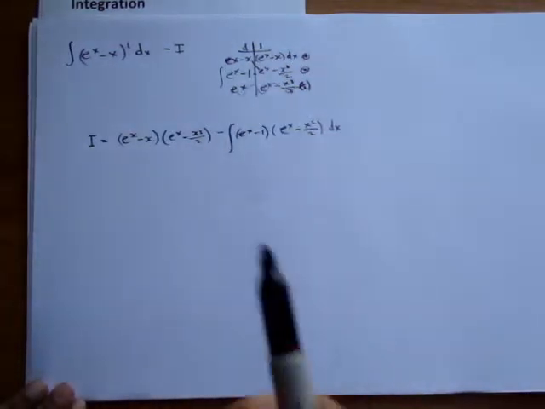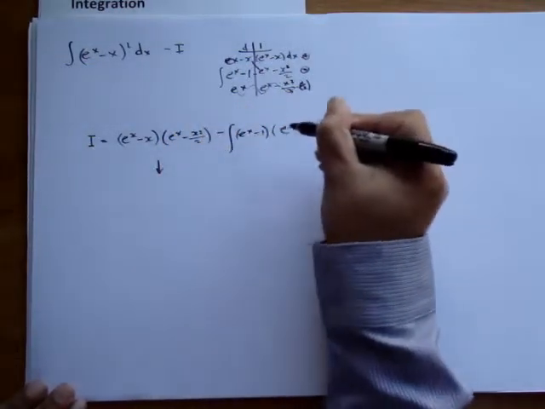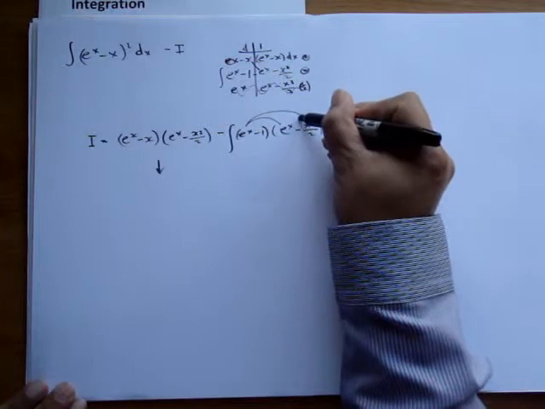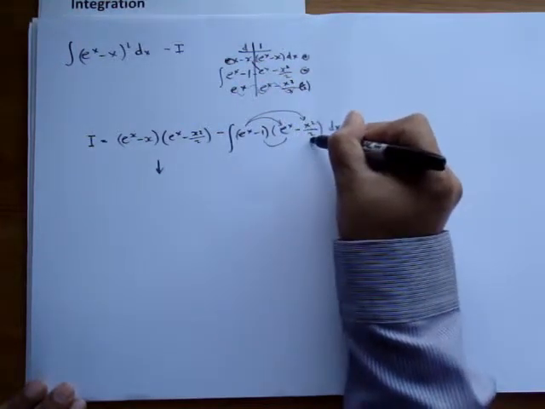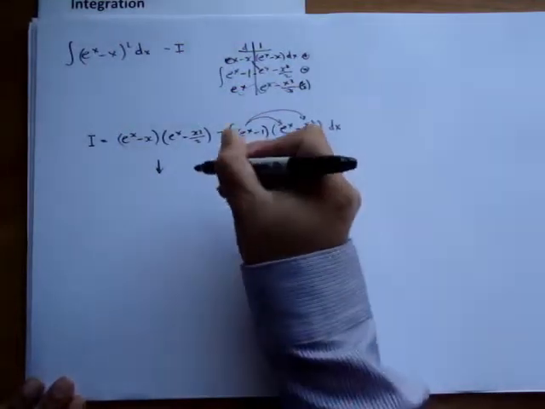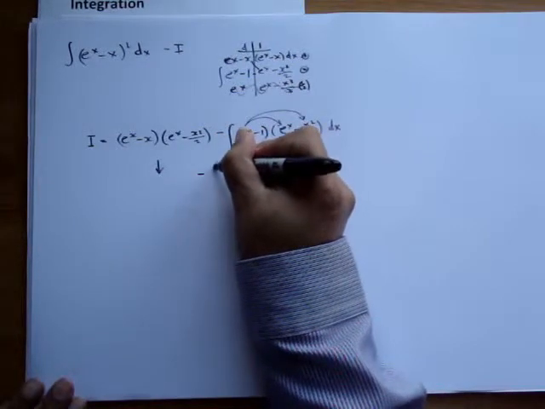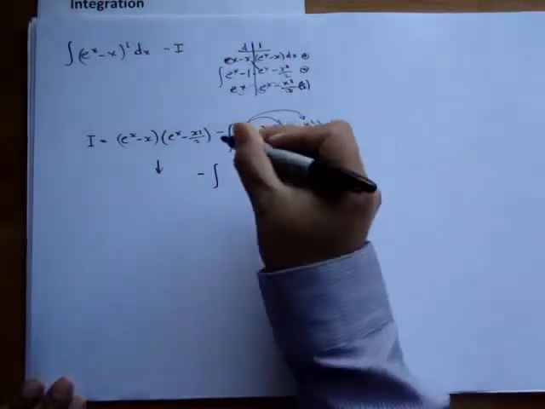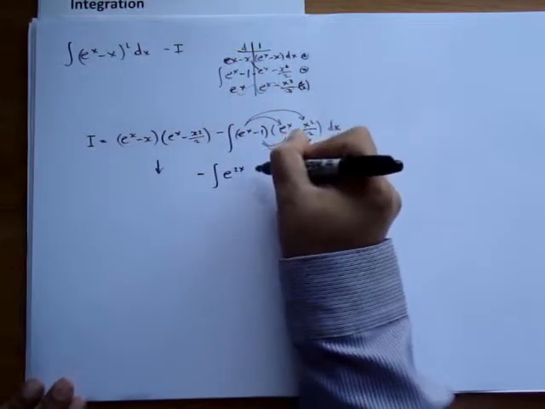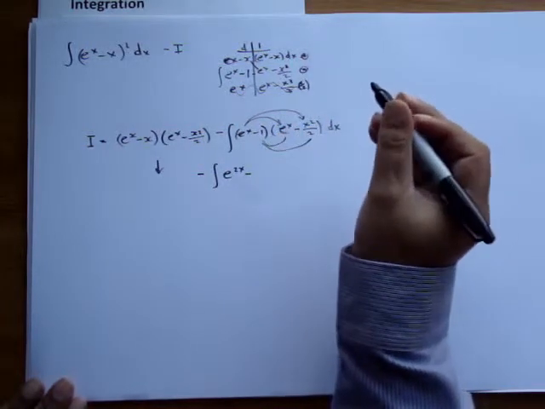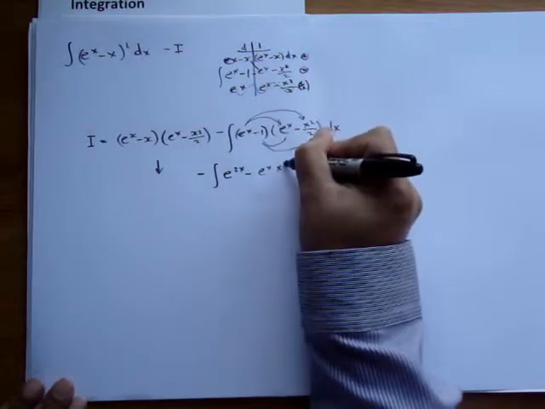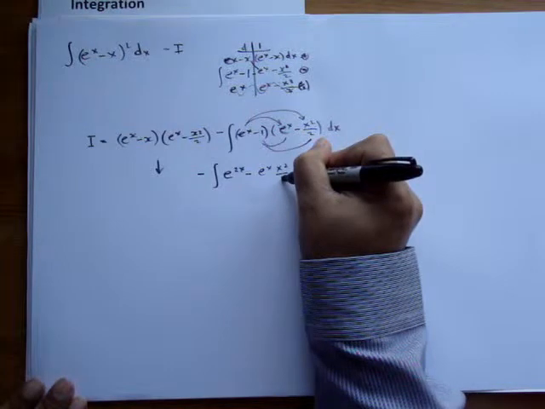This remains like this. This integral we can FOIL out, so using our FOIL method, and we get minus the integral of e to the x times e to the x is e to the 2x, minus e to the x times x squared over 2.